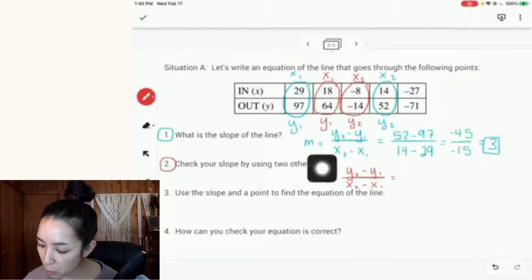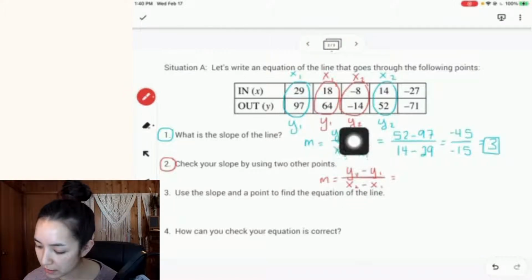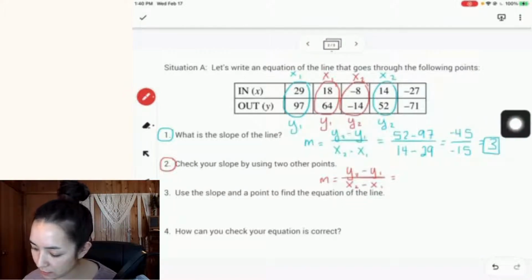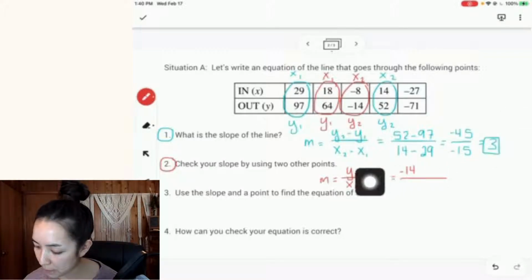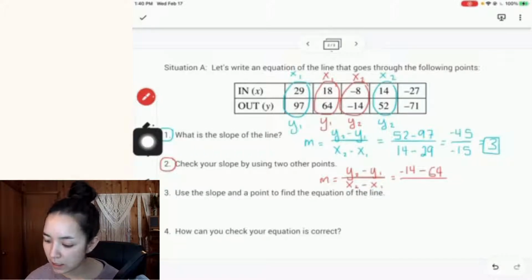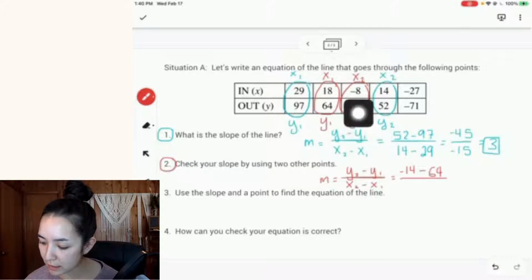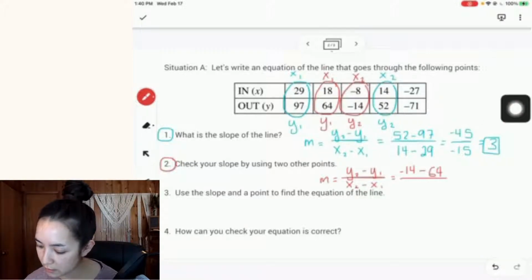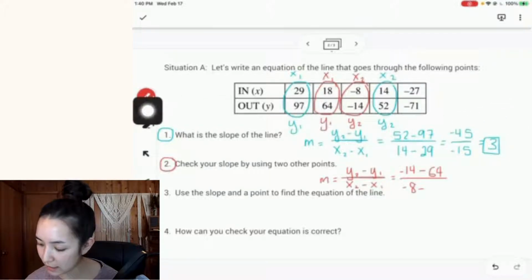So, y2 is negative 14 minus y1. y1 is 64. x2 is negative 8 minus x1 is 18.